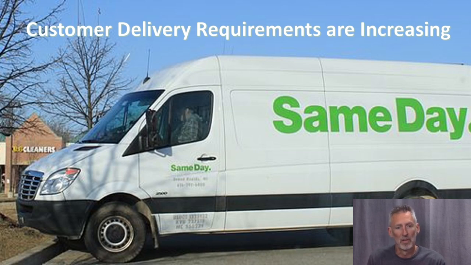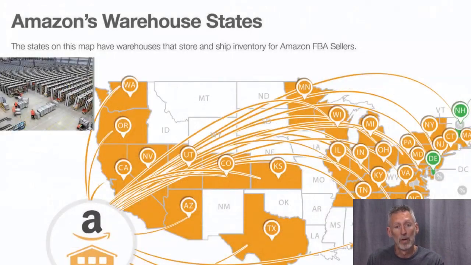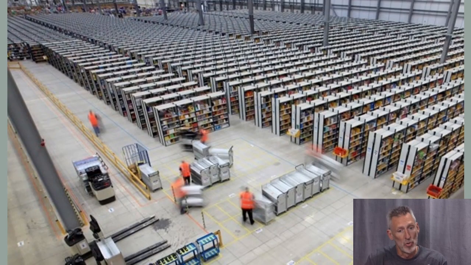They're expecting shipments to be delivered within a day or even in some cases less than a day. So that's impacting retailers such as Amazon, where their warehouse locations are now increasing. As their warehouse locations increase, they get closer to the customer, and inventory levels are also increasing as a result.